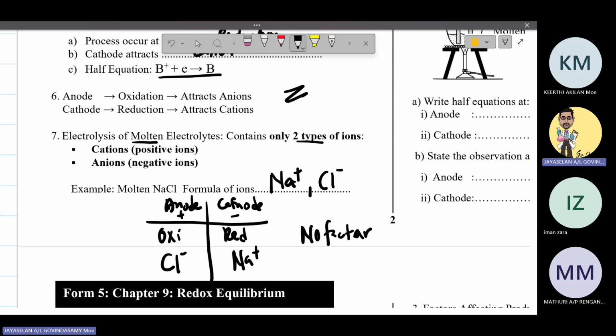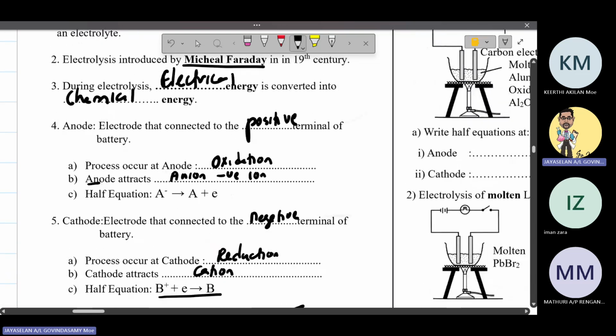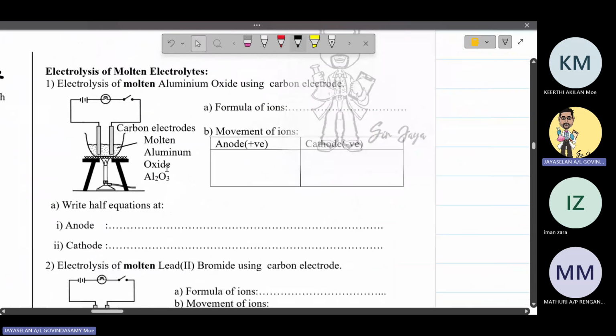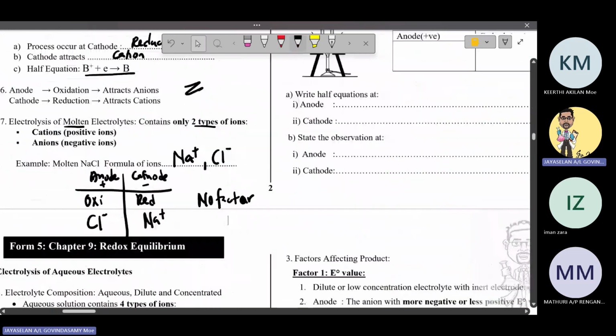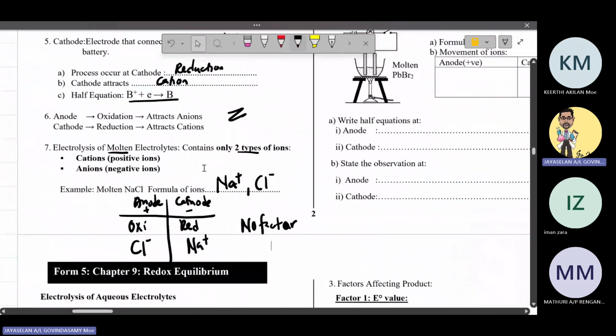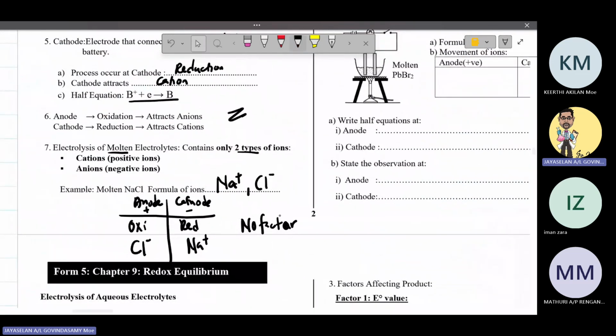Any question? Okay, sir, I don't understand, you go very fast. Number one, I will do. Number two, you guys do. Do you want to copy this? You all copy first, I wait. Molten, no factor.